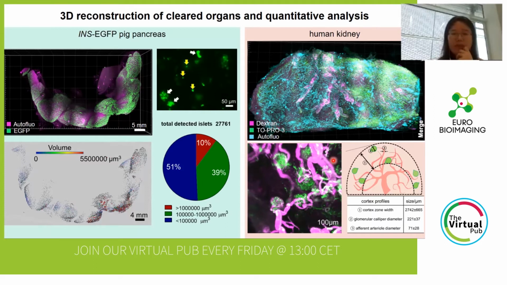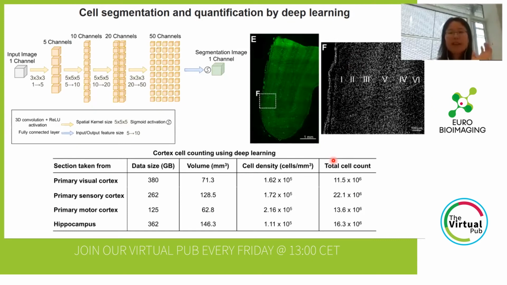So to achieve very fast and accurate data analysis, we thought about how to use deep learning methods to analyze the very big data from human organs. Here, as a proof of concept, our computer scientists in the lab established a new convolutional neural network and trained it on our original light sheet data.